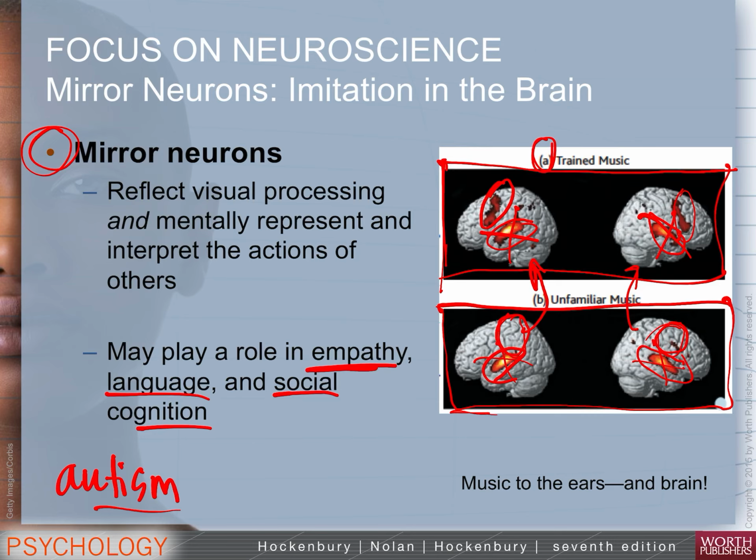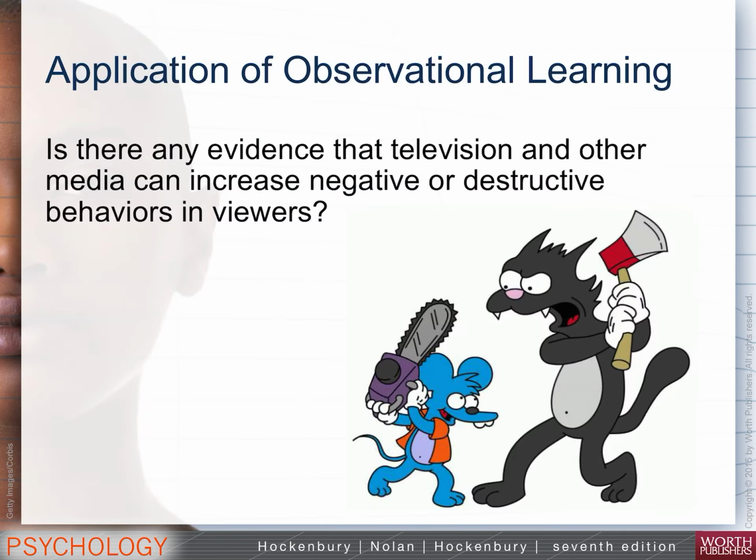Autism is a condition where we see people having issues with understanding how to act in certain social situations, being able to pick up on social cues. And so it's not natural for them to engage in the right kinds of behaviors given certain social situations. And so it may be that the mirror neuron network might not be functioning properly.